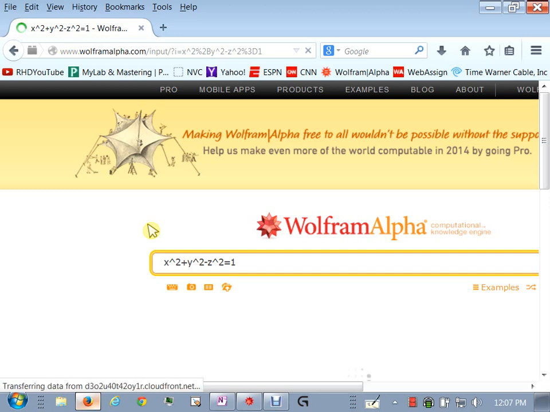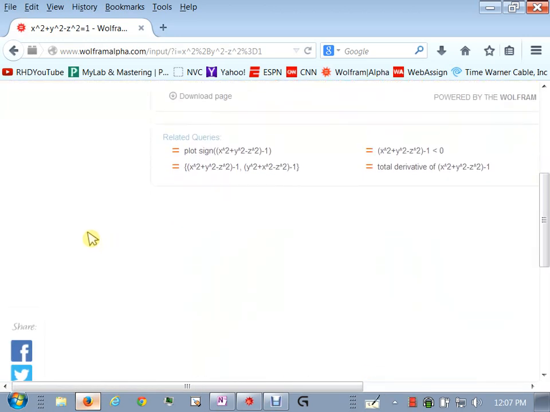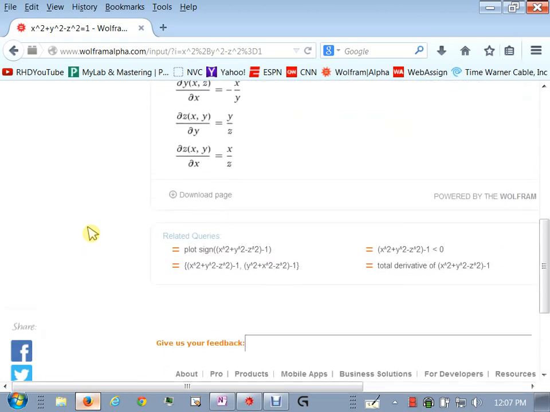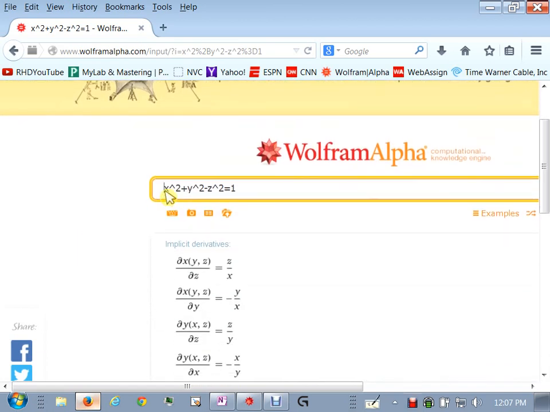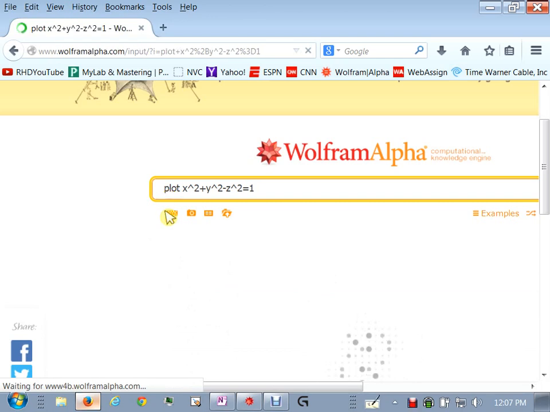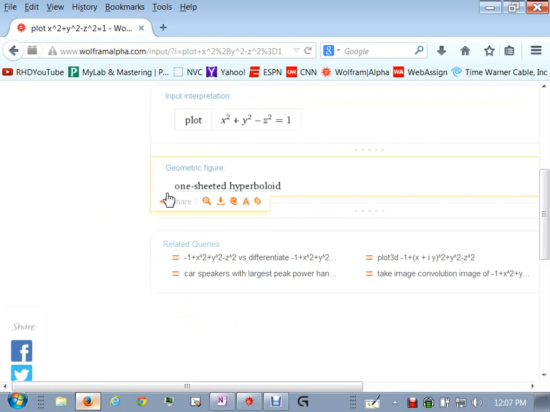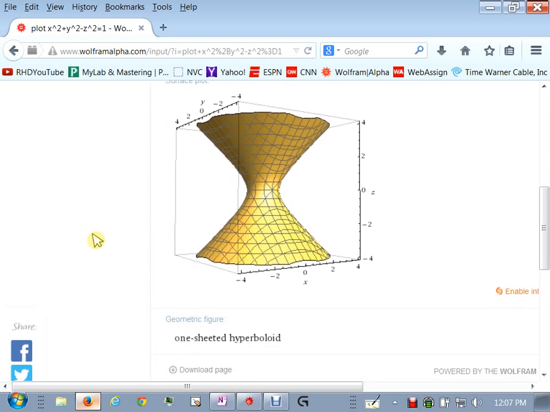Sometimes Wolfram Alpha does not like to do things in 3D. It looks like it's trying. How about plot? One-sheeted hyperboloid. There we go.